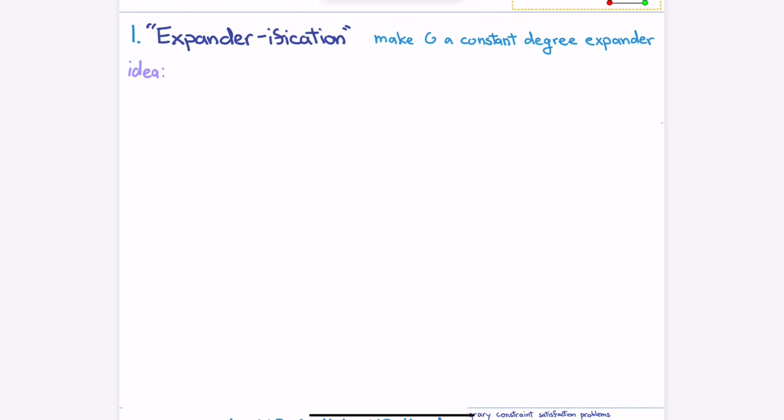All right, this one you guys might be able to guess. So I have a simple graph CSP, and I want to make it a constant degree expander. So A, I want to make it constant degree, and B, I want to make it an expander. Maybe we could focus on constant degree first, but what are some ideas? Okay, so we can just take a vertex and split it. So this vertex is in various CSPs, and each of these edges represents a constraint.